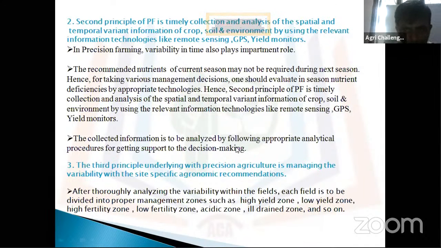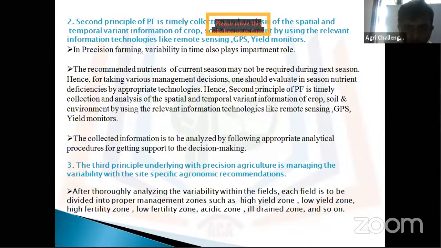Then the recommendation of nutrients of the current season may or may not be required during the next season. Hence, before taking various management decisions, one should evaluate, you have to assess in-season, that is during that season, nutrient deficiency by appropriate technologies.